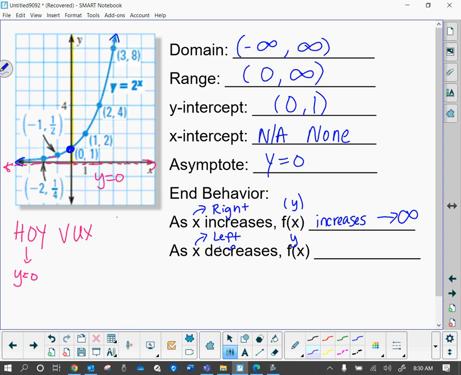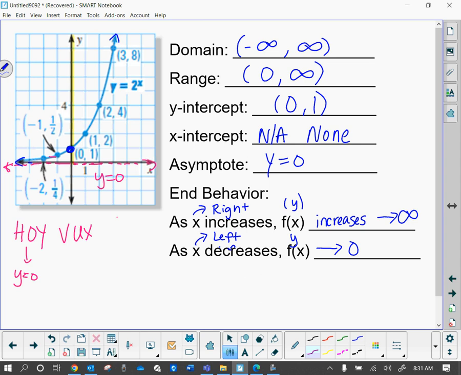Where is this approaching? It's getting really close to that y value of 0, right? It doesn't go beyond here. It stops. It's like a brick wall. It stops here. So the y's, it's approaching 0. Okay, that's just an example of what we have to do.